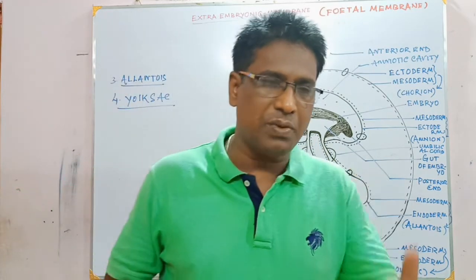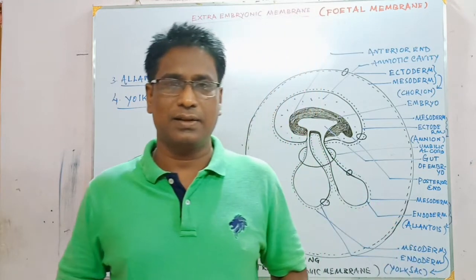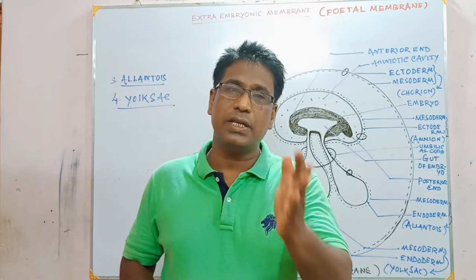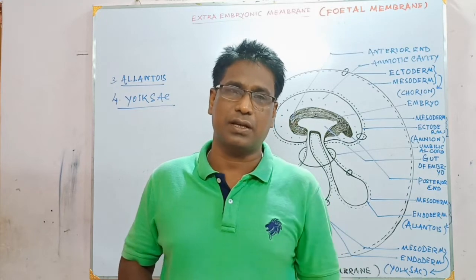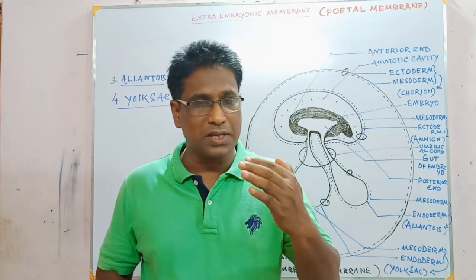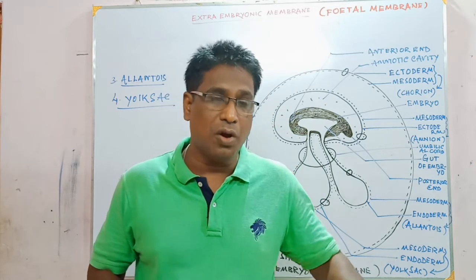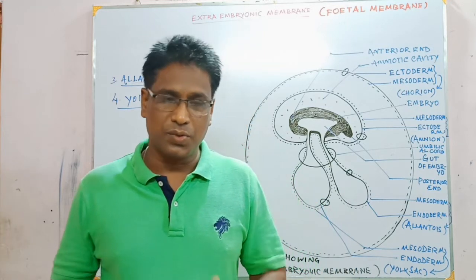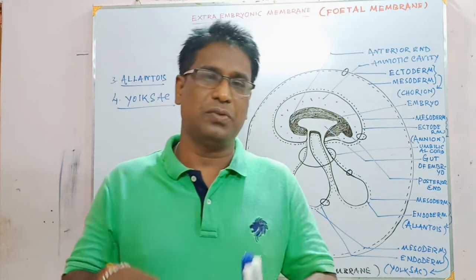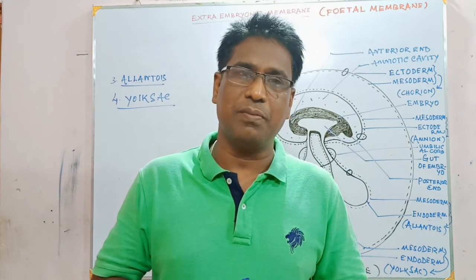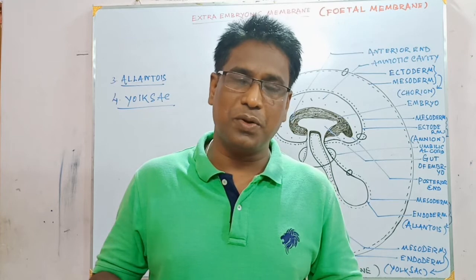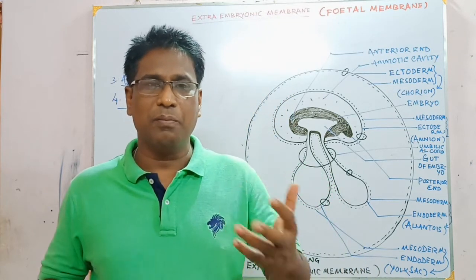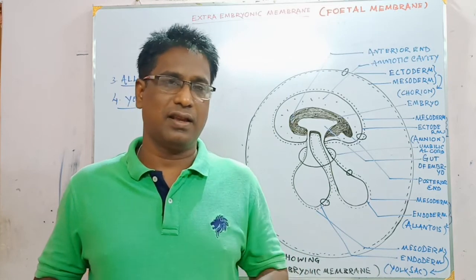But according to some embryologists, it also helps in formation of blood cells in the embryo up to the 6th week of gestation. So students, this is all about the extra-embryonic membranes which protect and perform important functions in embryonic development of man. Thank you.